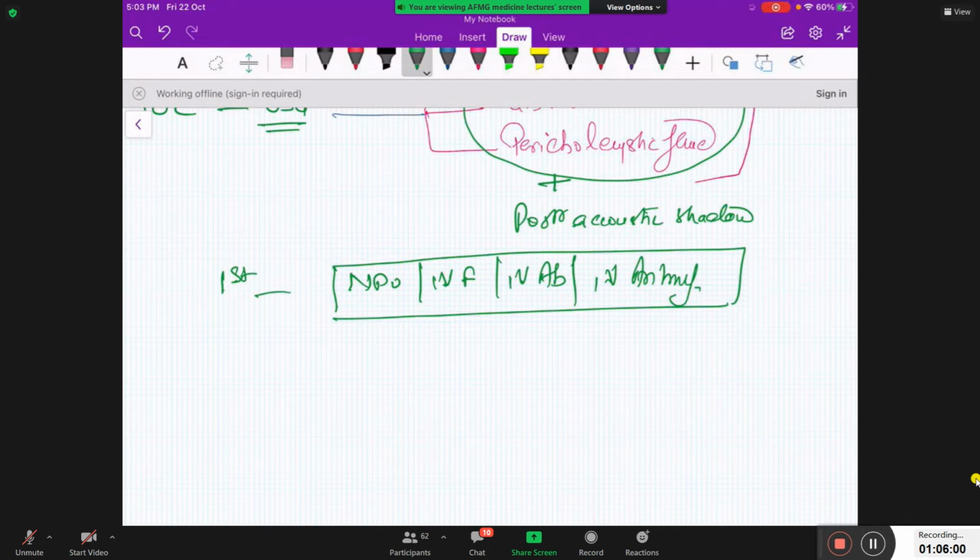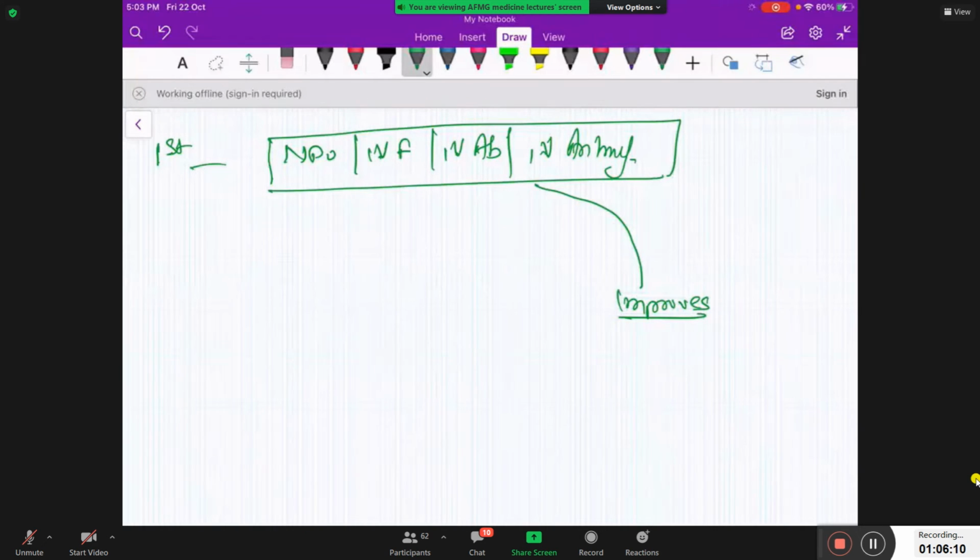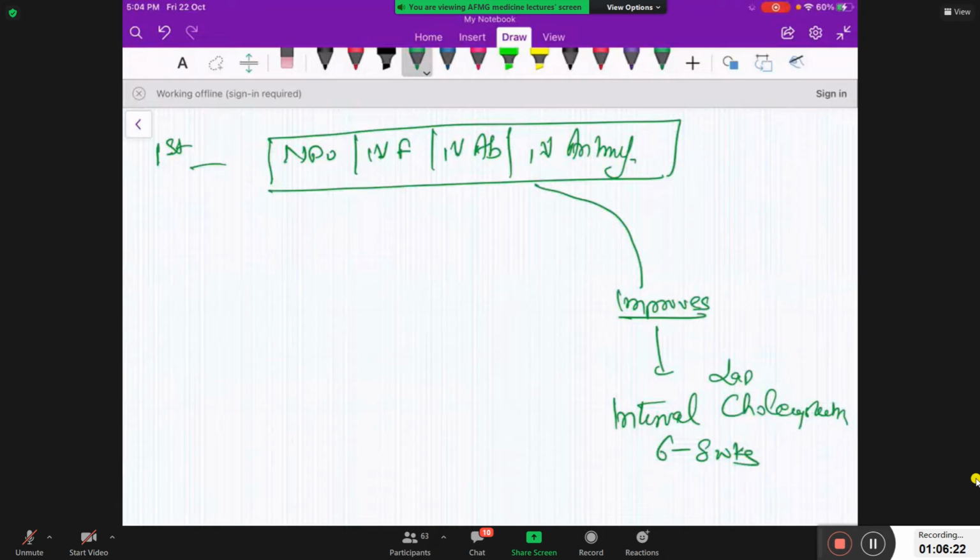Since the patient was improving with this treatment, earlier it was said that once the patient improves, we should offer interval laparoscopic cholecystectomy after 6 to 8 weeks.